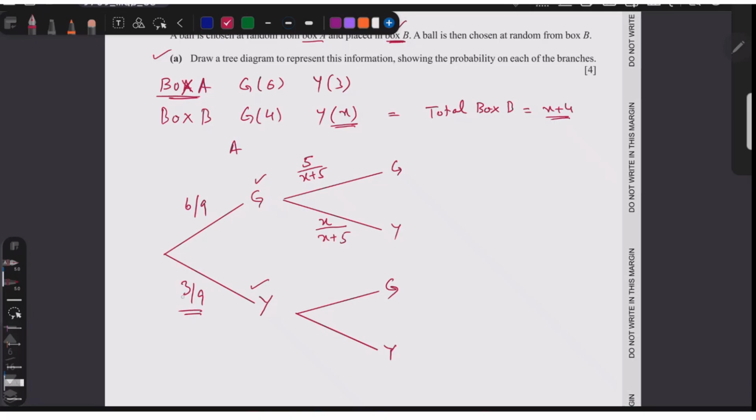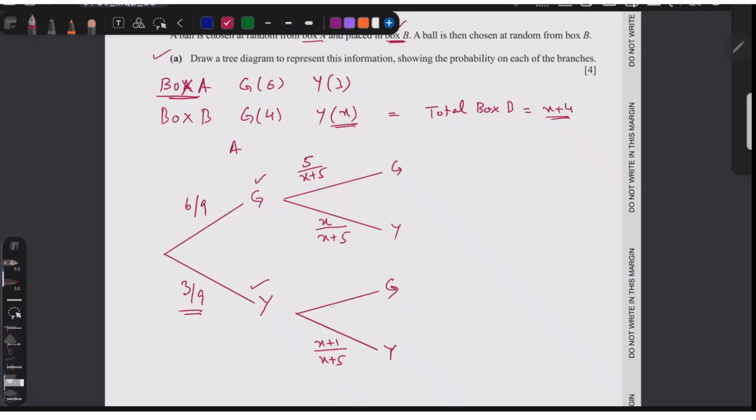You place that ball into box B, which increases the total to X plus 5, and we have X yellow balls in box B. When you put one yellow ball from box A, it becomes X plus 1.